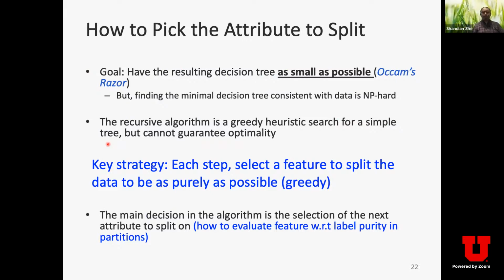So how to pick the attribute to split? This should be associated with our overall goal. This actually has been discussed in our previous lecture. Suppose we have the same data set, and you have multiple trees. Each tree can well represent this data or well partition the data.